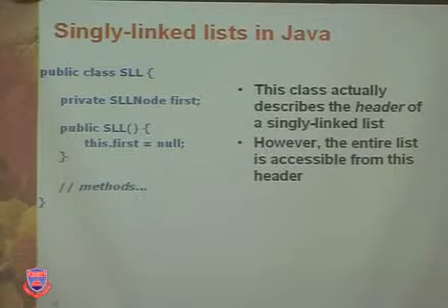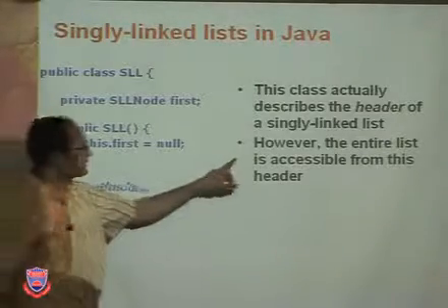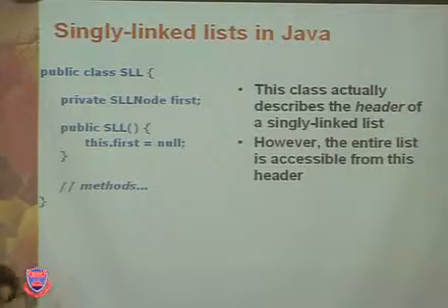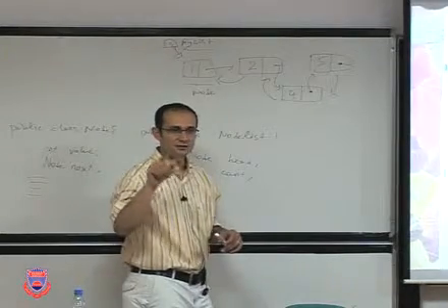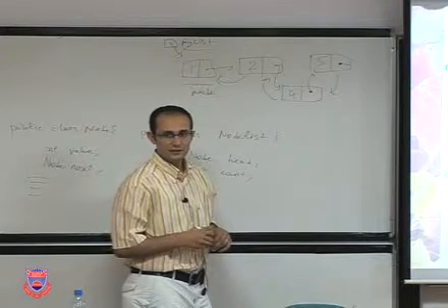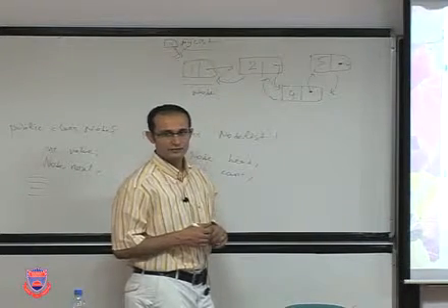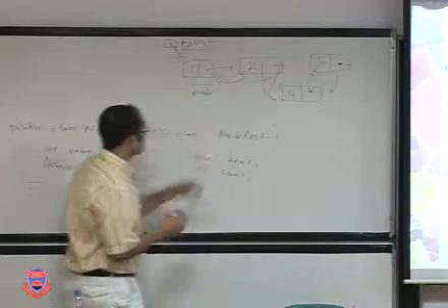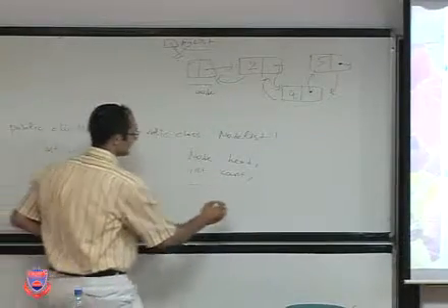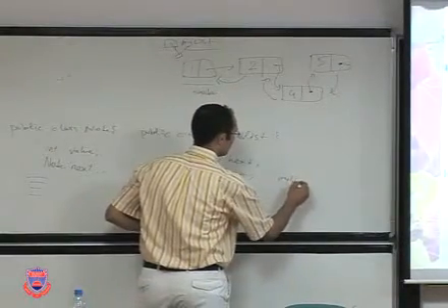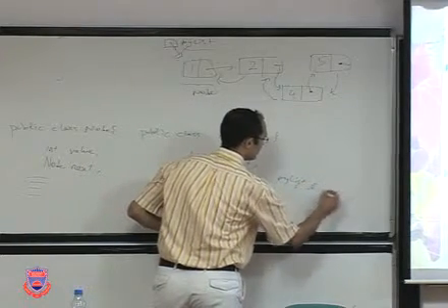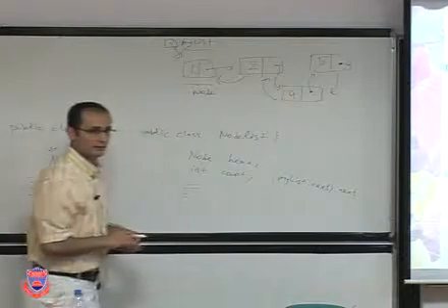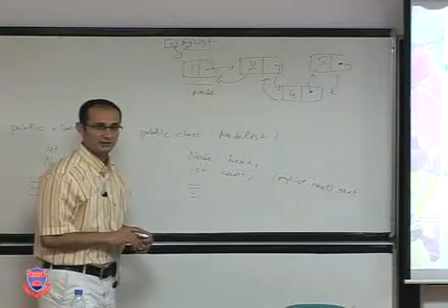The class describes the header of the singly linked list, but you can access the whole list by using the first node, and you can trace all the links and reach the element that you're looking for. For example, if I say my list dot next, you can put parentheses if you like. What am I going to reach here?